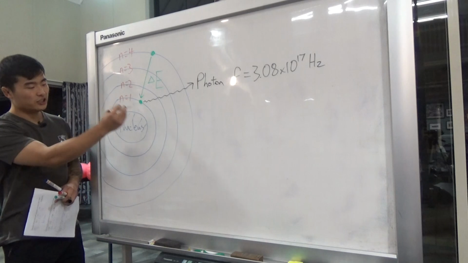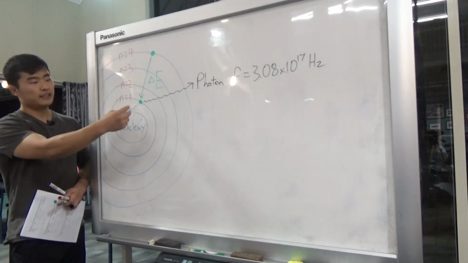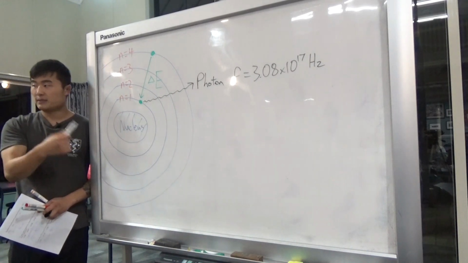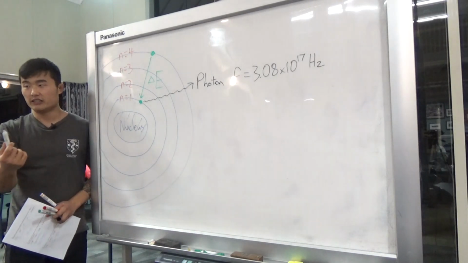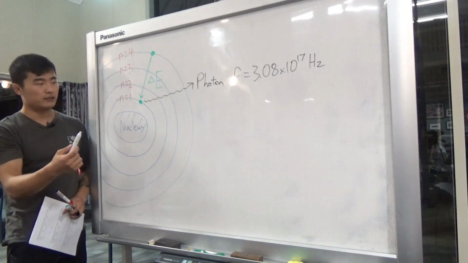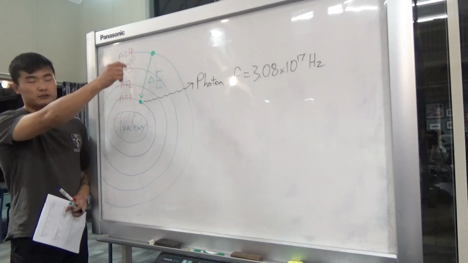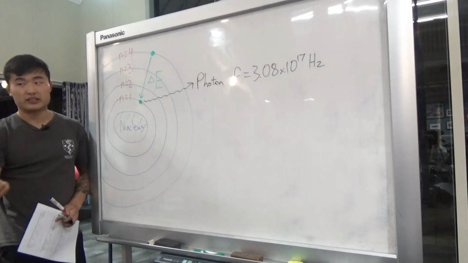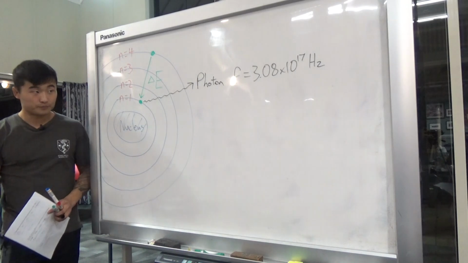If there were a bunch of electrons in these orbitals, it would make the equation much more complicated, because then you'd have a shielding effect, which we're not going to go into. Just as long as you know that it means there's one electron surrounding this atom, that's going to make your calculations a lot easier. And that's pretty much all you need to know.